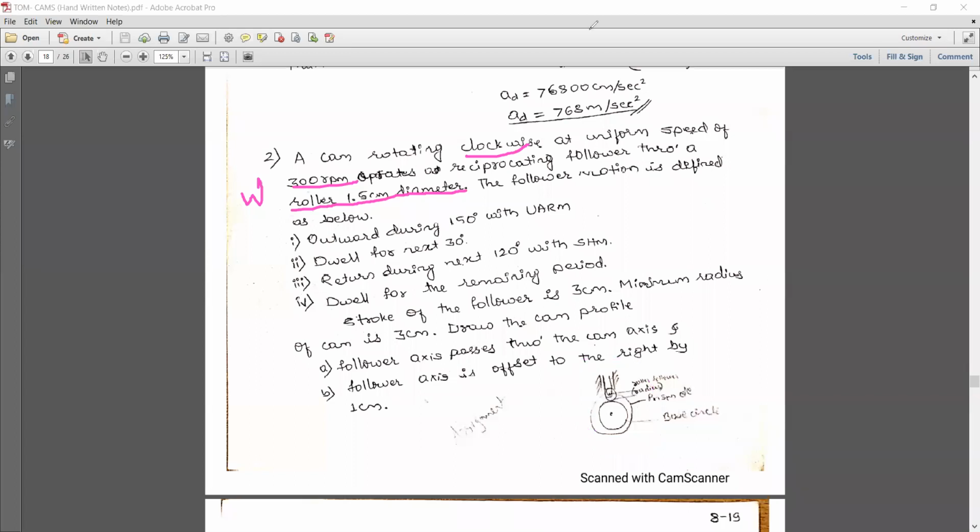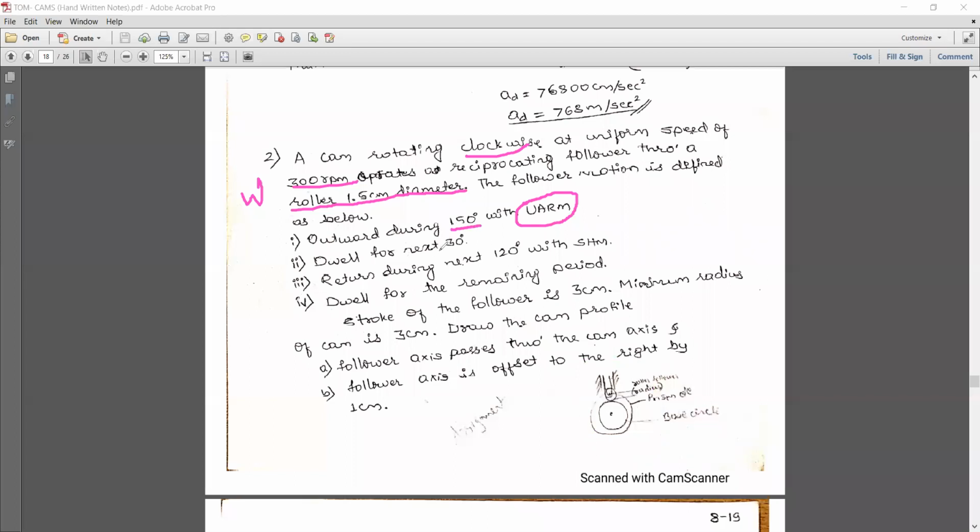So what happens here? One additional diameter will come, that is the roller follower diameter. Okay, the follower motion is defined as below. First one is outward during 150° with UARM, uniform acceleration and retardation, during an interval of 150°.